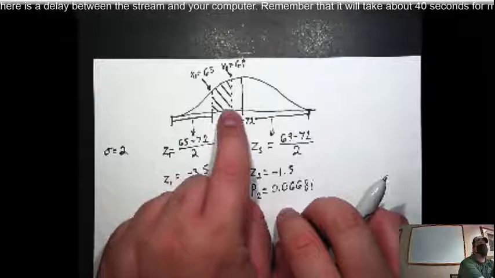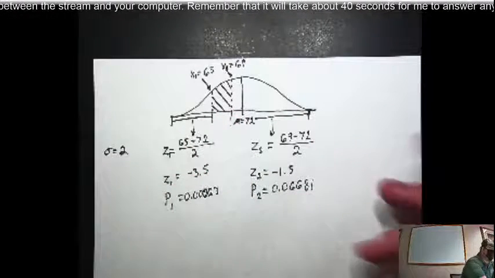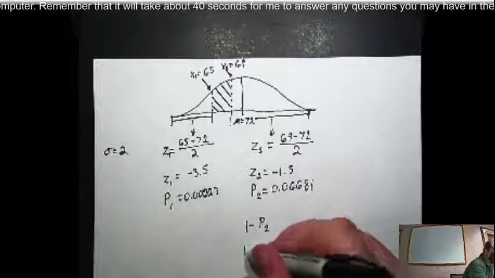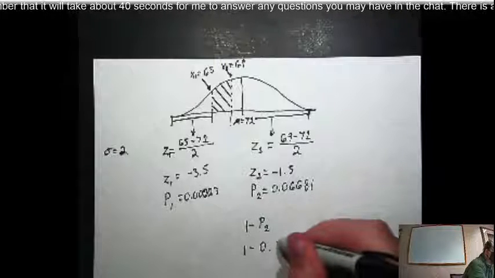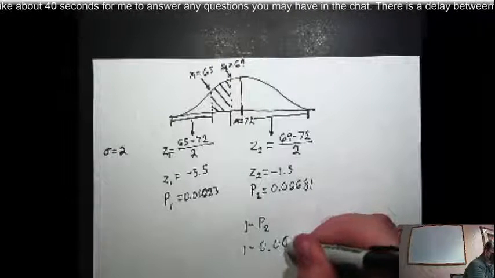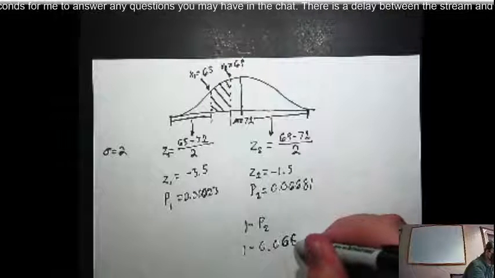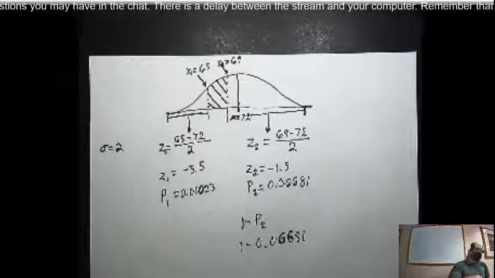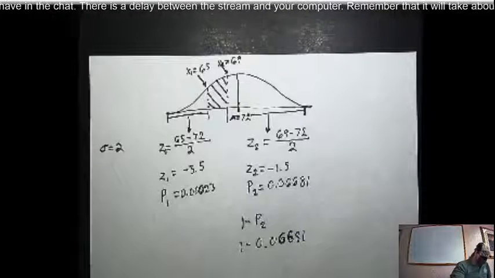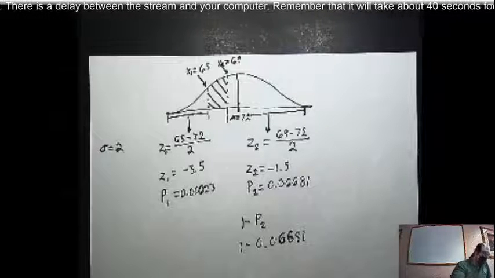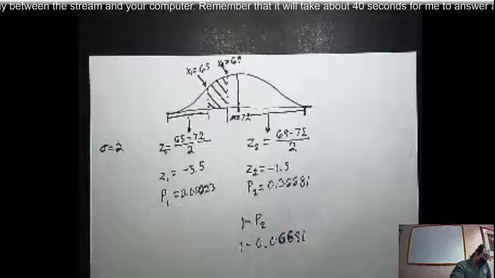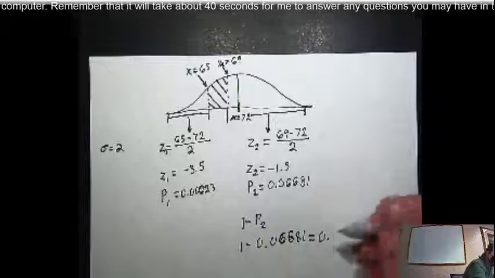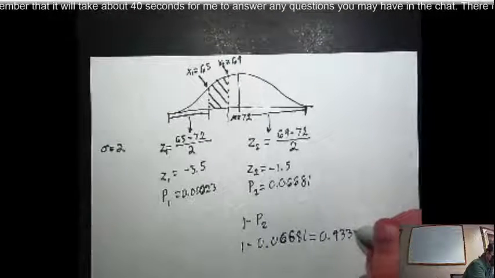We don't want that though, we want this point forward, so we need to flip this. So 1 minus P2, or 1 minus 0.06681, will give us the actual part that we need. That gives us 0.93319.